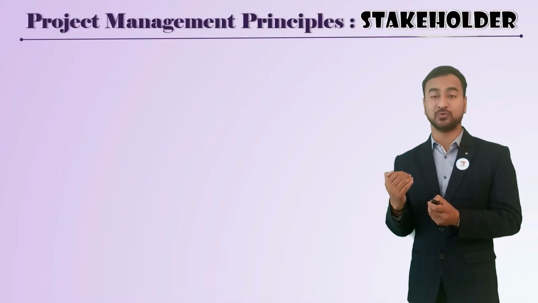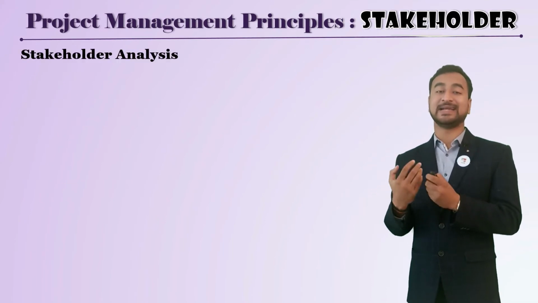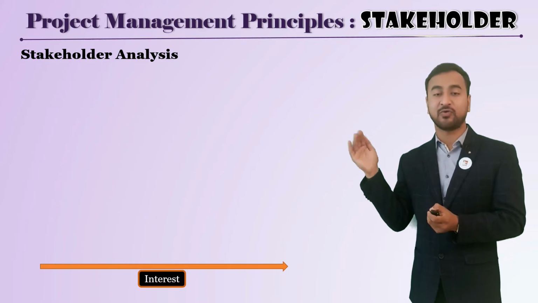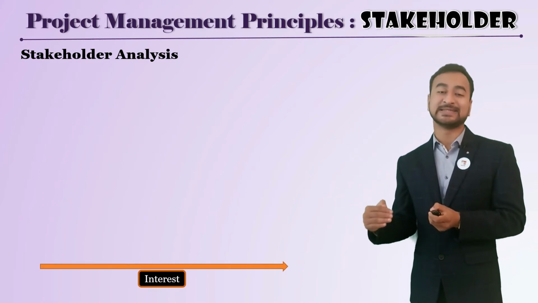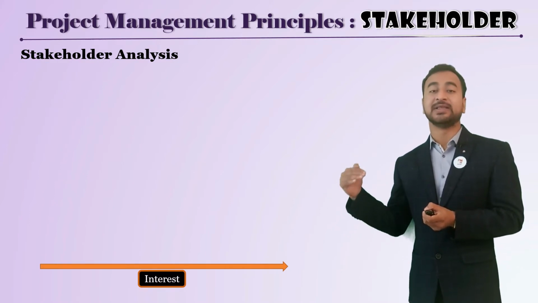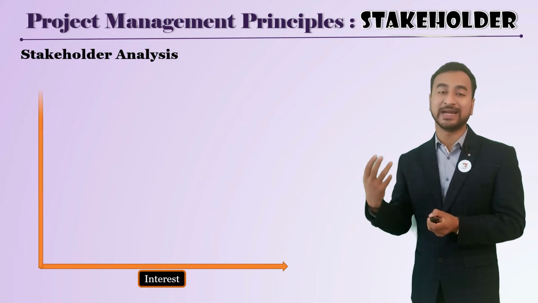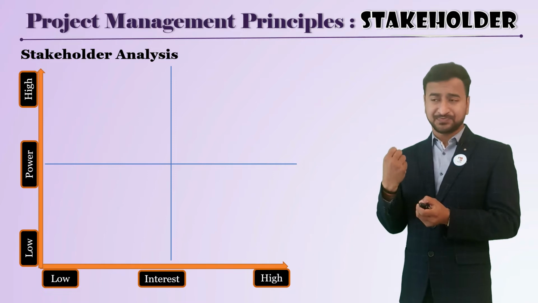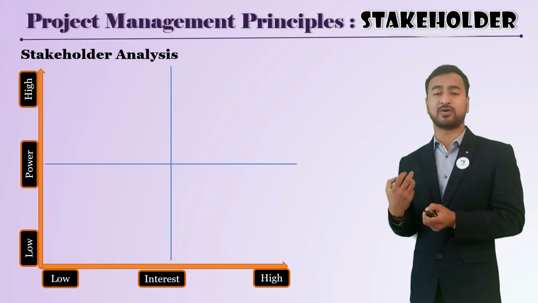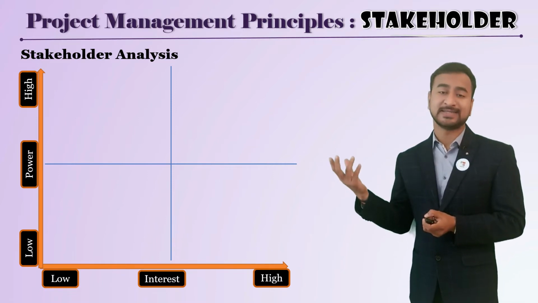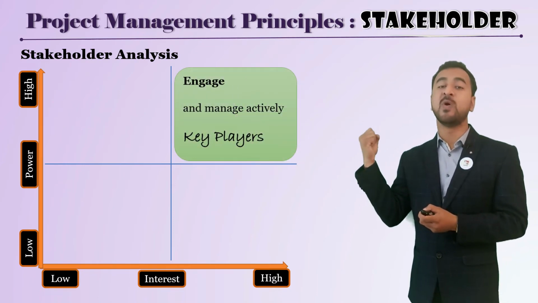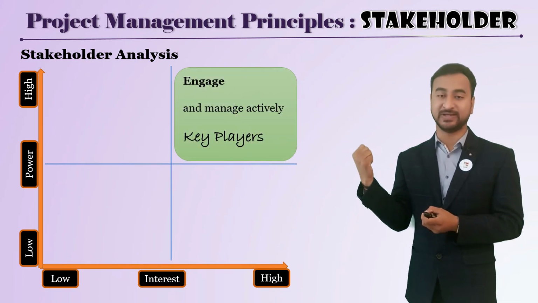So how can we understand the stakeholders? First, you need to analyze them. On the x-axis of this grid is interest: what their interest is in our project. On the y-axis is power: what their influence or power on the project is. Stakeholders in this quadrant are called key players, who have high power and high interest.